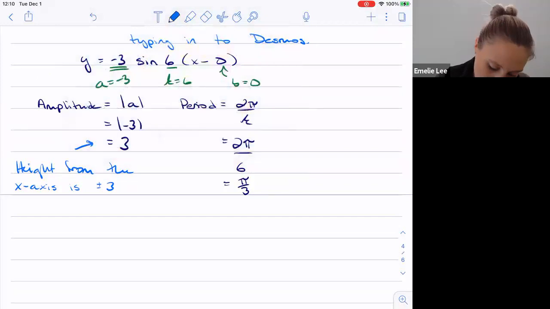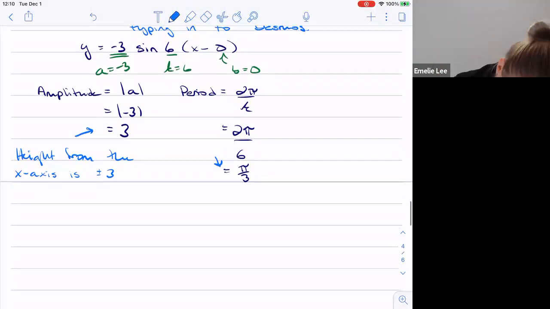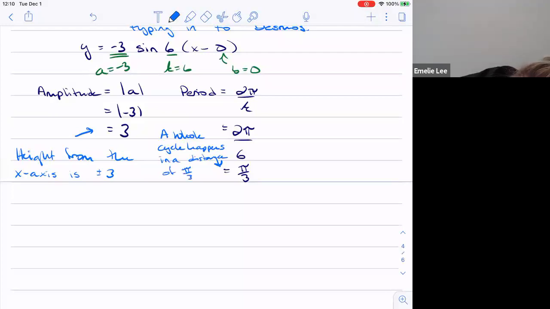So now what that means is that it only takes a distance of pi over 3 to squeeze a whole cycle in. A whole cycle happens in a distance of pi over 3. What does that mean? It means that you have to go up and down and up again in a shorter distance. So this thing is going to be smushed together.